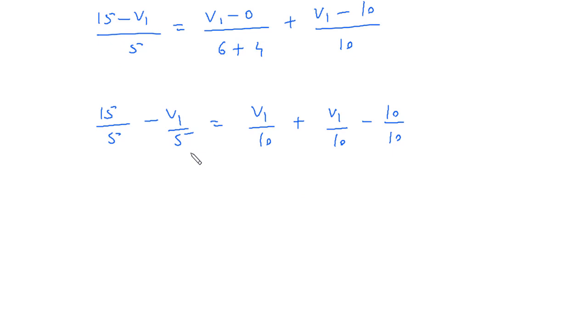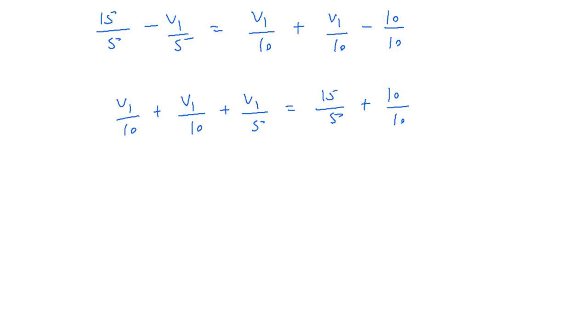So this will be V1 by 10 plus V1 by 10 plus V1 by 5, and this will go on this side, so it is equal to 15 by 5 plus 10 by 10.